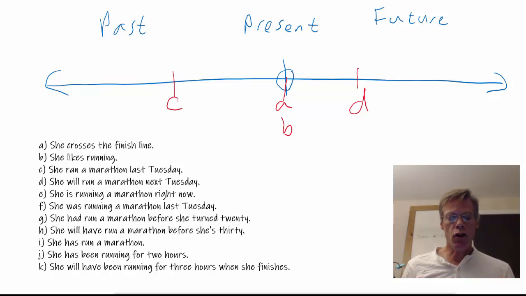Now, when we start adding in aspect, in this case the progressive aspect, then we get something like E, she is running a marathon right now.